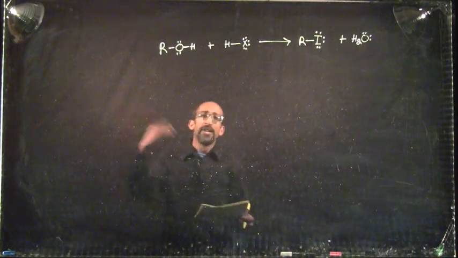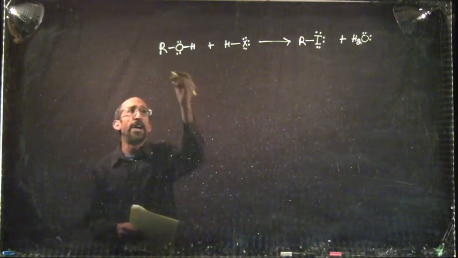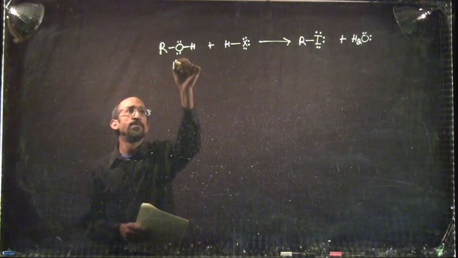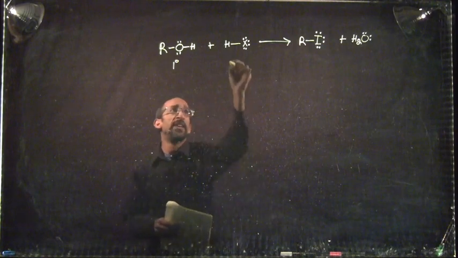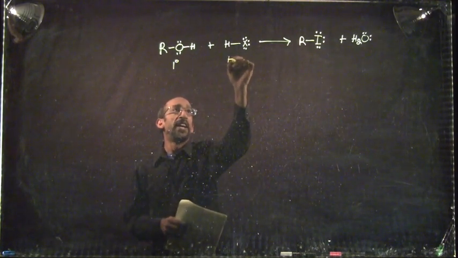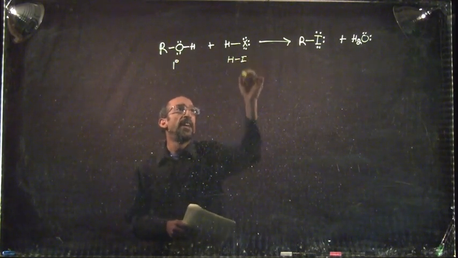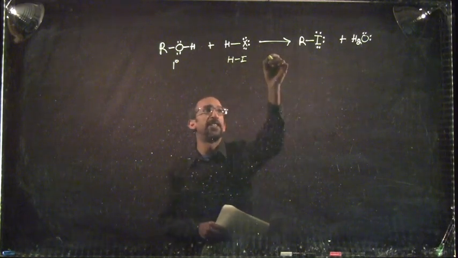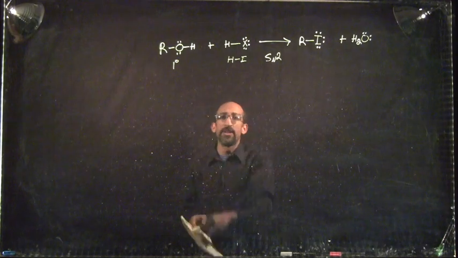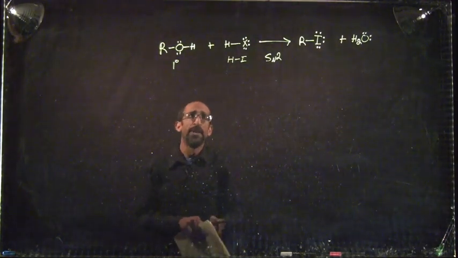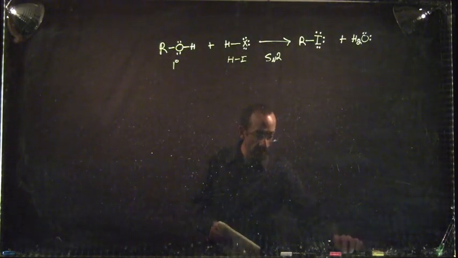So now when we look at this, for a primary ROH, the only acid that we're going to be able to use to do this is going to be HI, and this is going to proceed by an SN2 mechanism, right? Primary electrophiles always go through an SN2 mechanism.